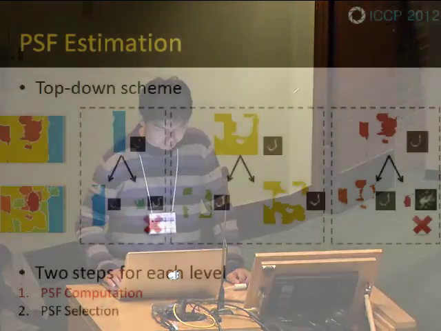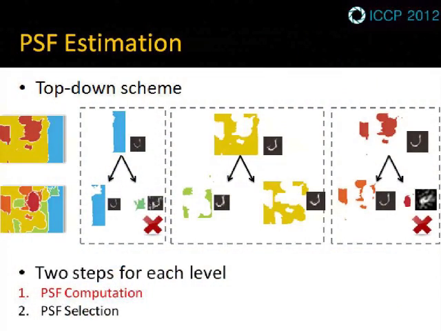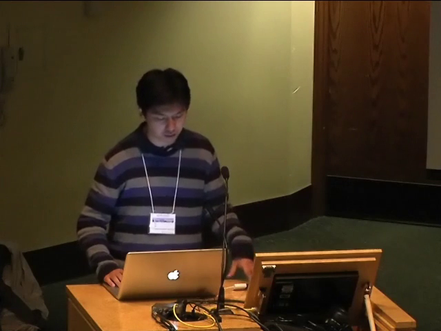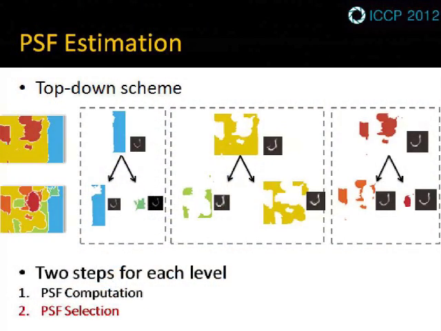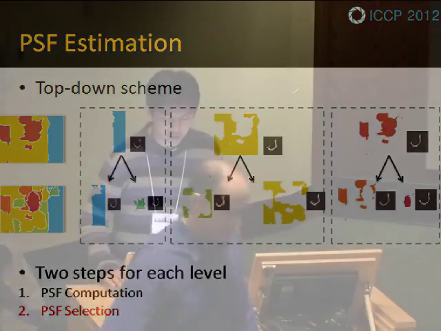As we talked about, the PSF initialization is very important. However, the PSFs might not always be improved because of the existence of textureless regions or noisy or very small-sized regions. So we should refine these PSFs. And we call this PSF selection, as we use information in the region trees to refine the PSF.